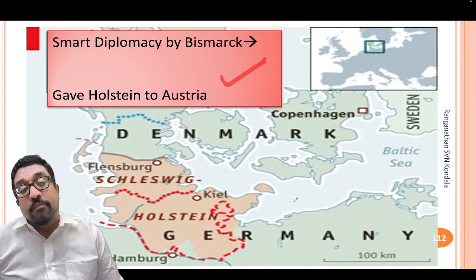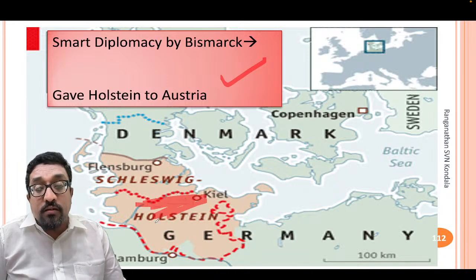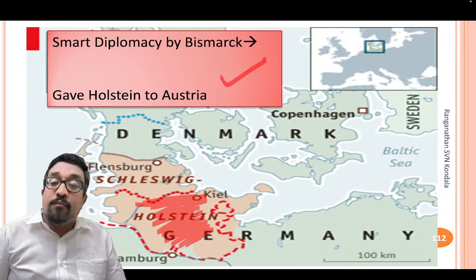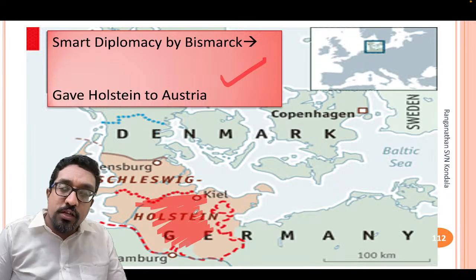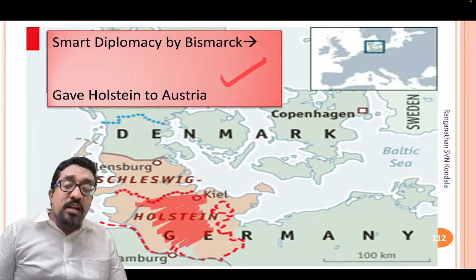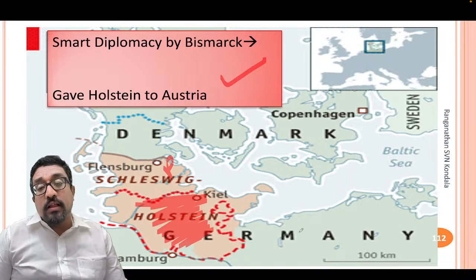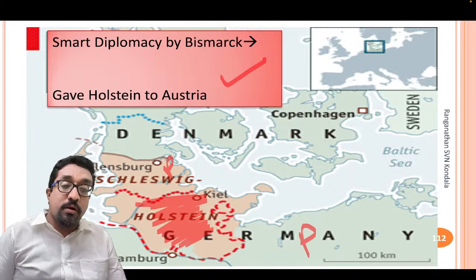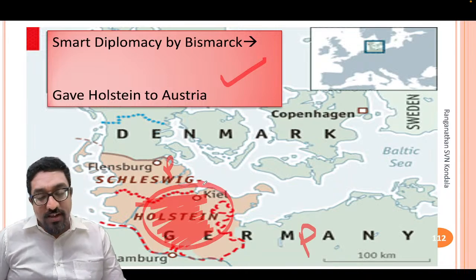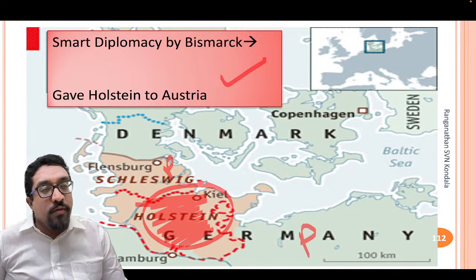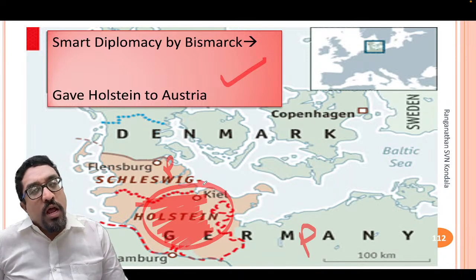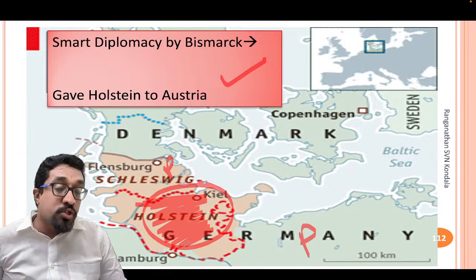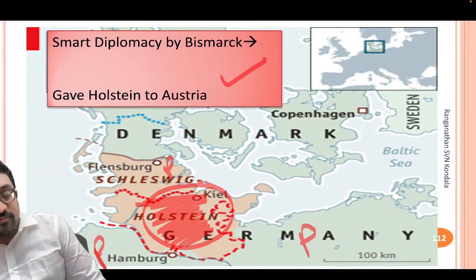Why we call it smart diplomacy is because if this is with Austria, and if Prussia and the Rhine Confederation want to unite, they can't, because this is Prussia, this is Prussia, this is Prussia, but बीच में Austria. So Bismarck could always blame Austria for unnecessarily occupying a territory in the center, trying to stop German unification.